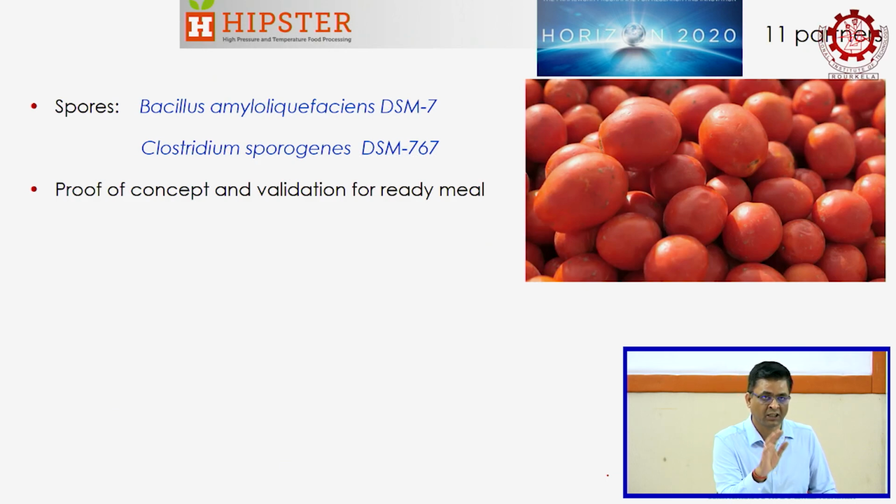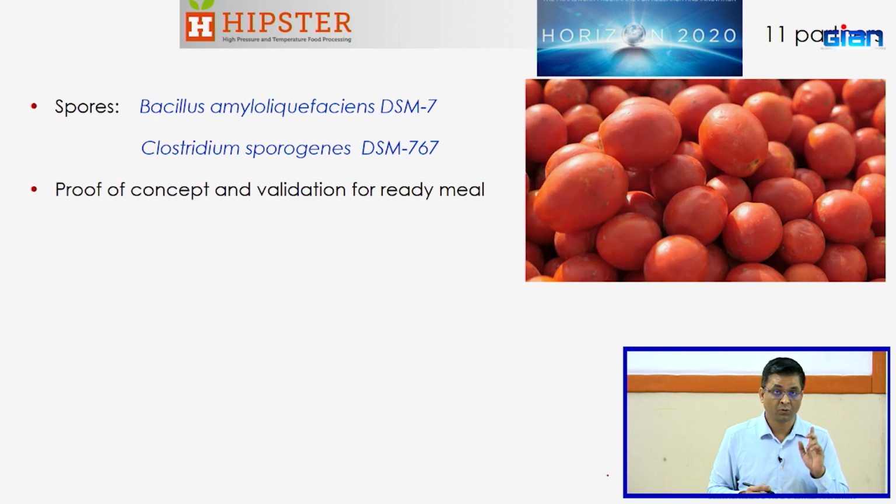Even chlorine washing gives you half a log, that is 50%, or 1 log, that is 90%, or 95%, that is 1.1 or 1.2 log. So, in order to prove that high pressure works, a system was designed using high pressure and temperature together.